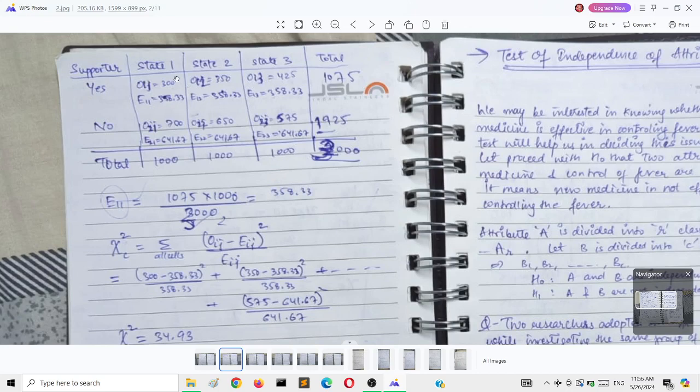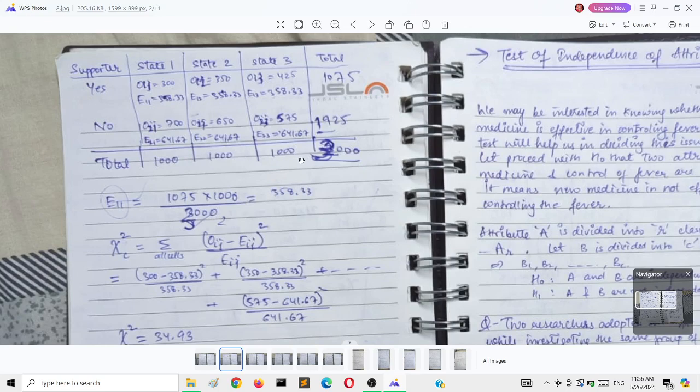So this gives the observed value totals. And here we know that in each state 1000 was the total number of samples for the people. So the column total comes out to be 1000, divided by the grand total.